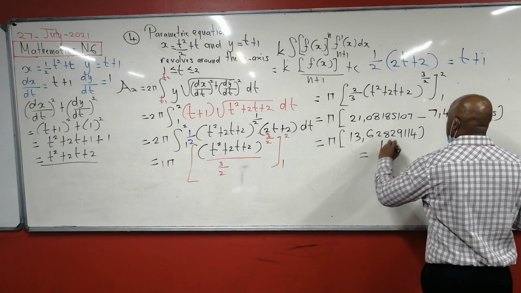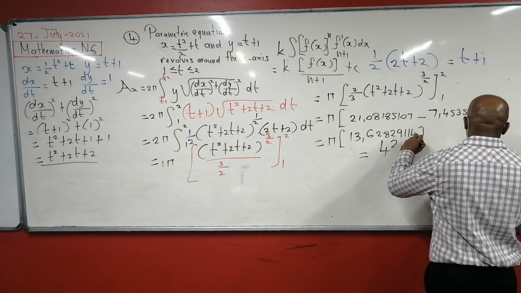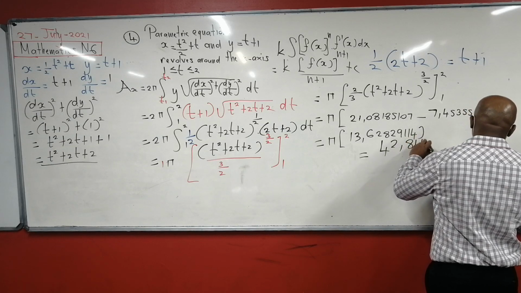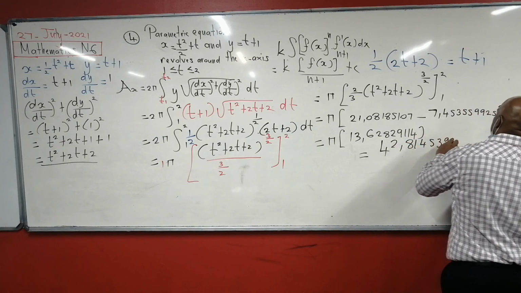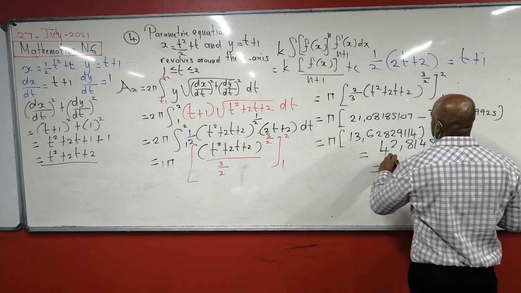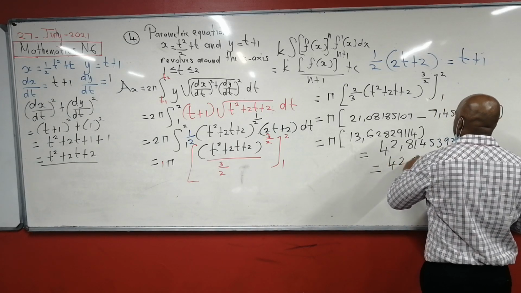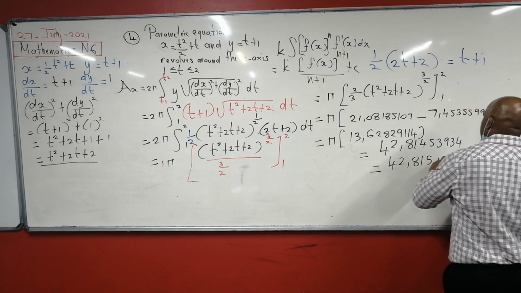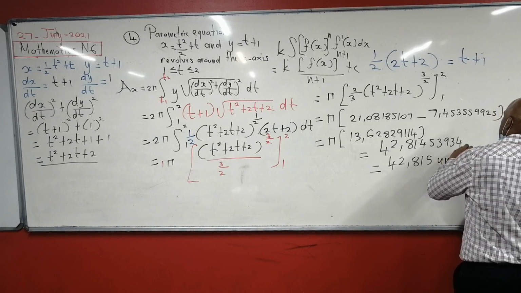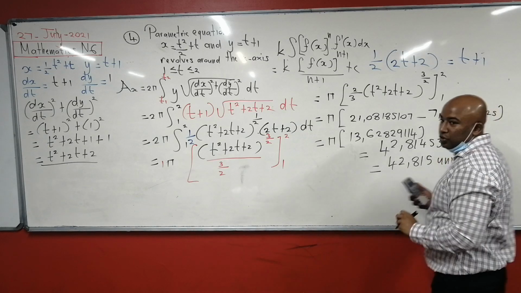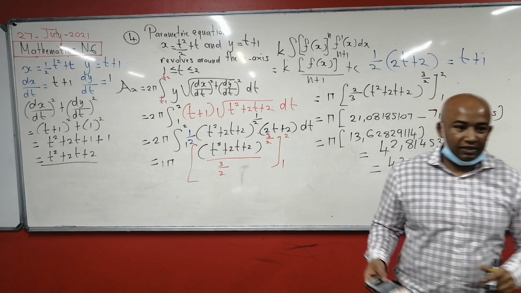So I'm getting 42.814539334, which is equal to 42.815 units to the power 2. Is that the correct final answer?